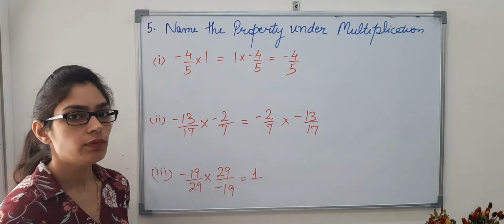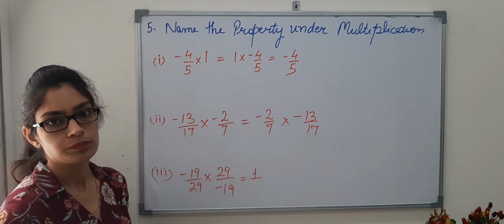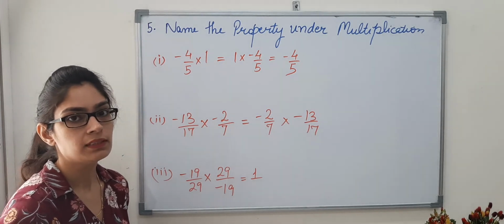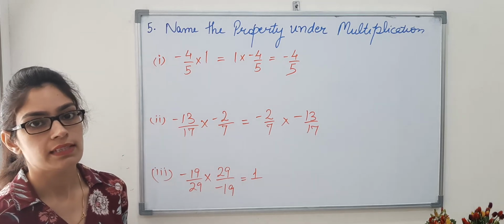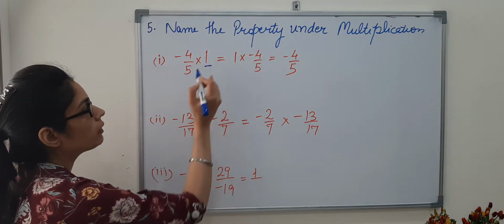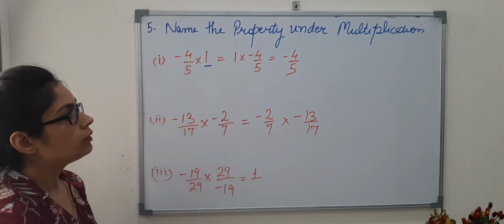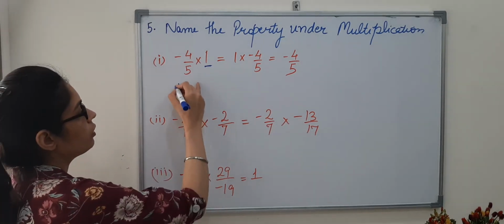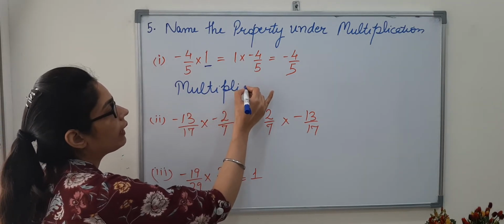Which means I have discussed in the property that if you are getting the same number, it means identity. If I am looking into the mirror, I can see myself. So 1 is just like a mirror for a number when it's getting multiplied. So this is your multiplicative identity.